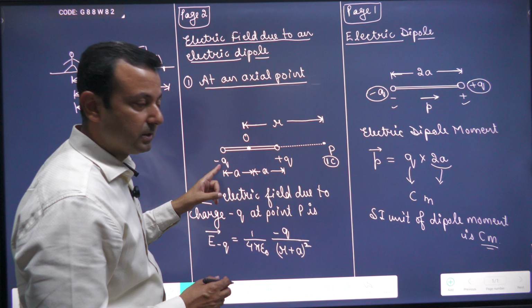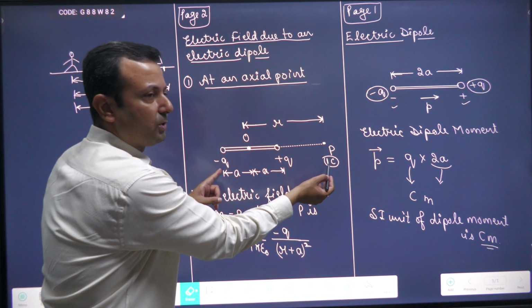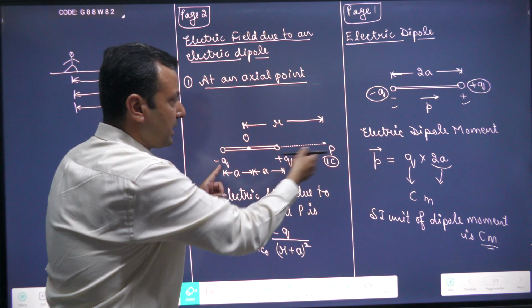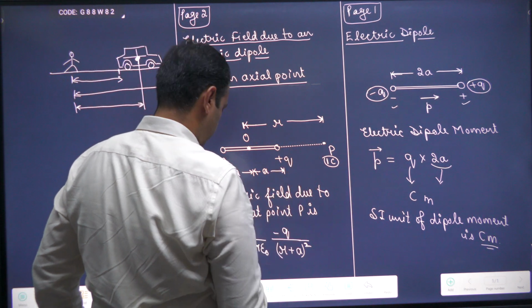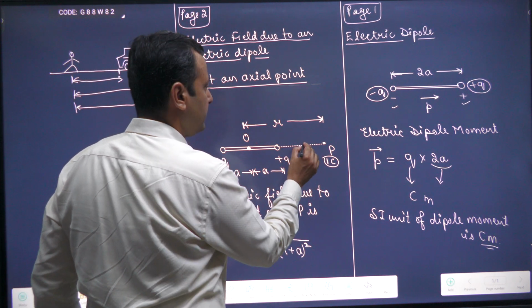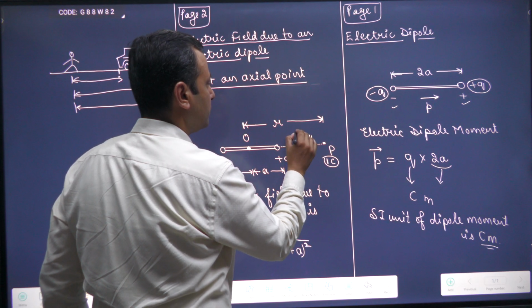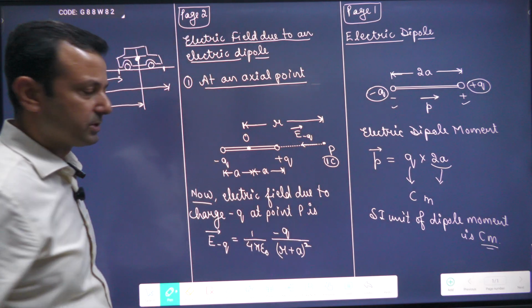This is a negative charge. What will this negative charge do to the positive charge? It will attract it, so the direction of the electric field will be leftwards. E minus Q vector will be leftwards.